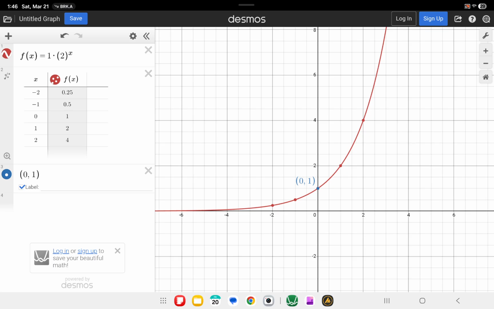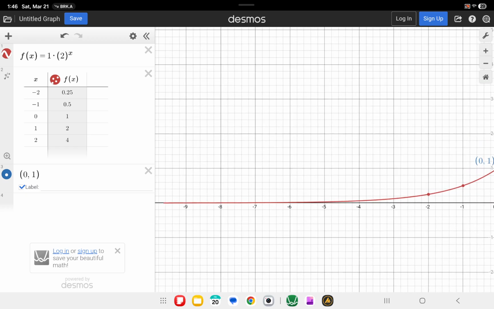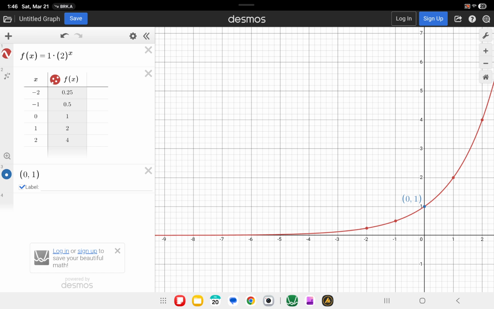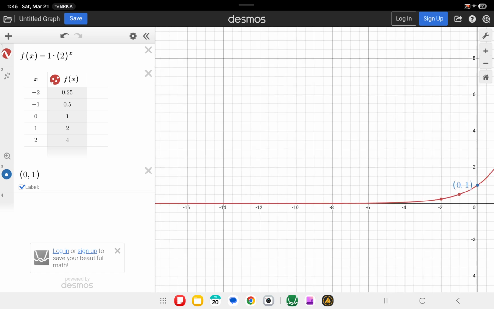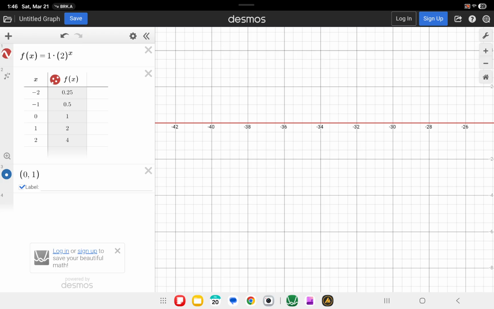We need to look at quadrant 2, which is where x is negative and y is positive. As I come over here, I am noticing some really interesting things. It doesn't matter how far I go over, this never crosses down into quadrant 3. It stays in quadrant 2.